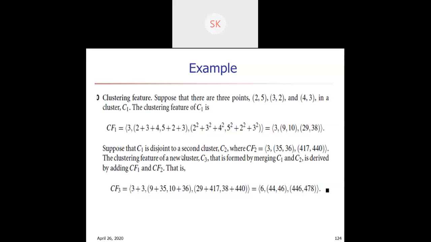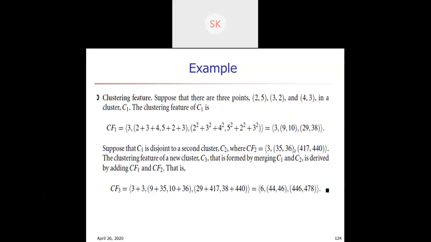Suppose that C1 is disjoint from a second cluster C2, and CF2, the clustering feature for C2, is (3, (35,36), (417,440)). C1 and C2 are disjoint. So the clustering feature of the new cluster C3, formed by merging C1 and C2, is derived by adding CF1 and CF2.